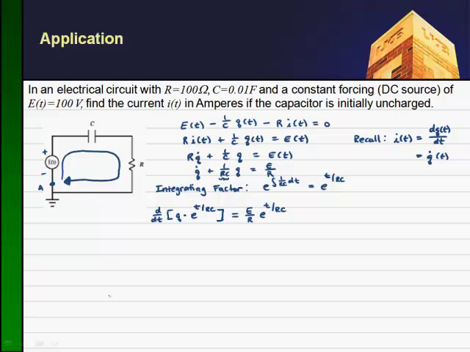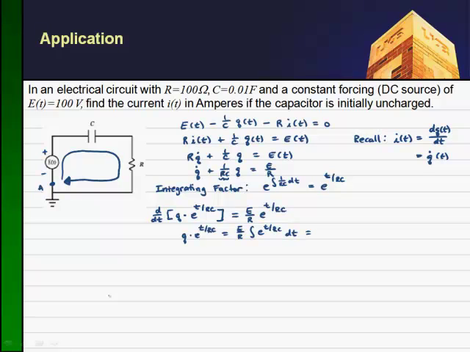So at this point I'm ready to integrate with respect to time, and on the left hand side I'll just get q e to the t over RC from the first fundamental theorem of calculus, and then here I'll get E over R times the integral of e to the t over RC dt.